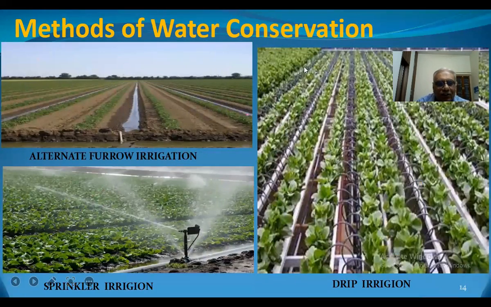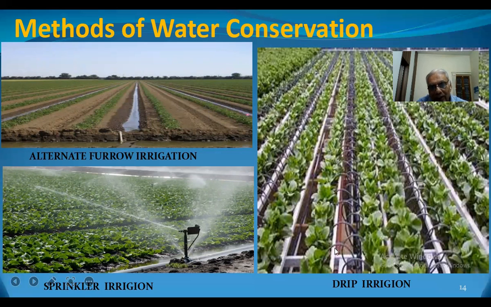Then methods of water conservation. You can see that you have to apply the irrigation water by alternate furrow irrigation. So you can save the water and your soil remains healthy, because when you apply more irrigation water, the soil becomes deteriorated.